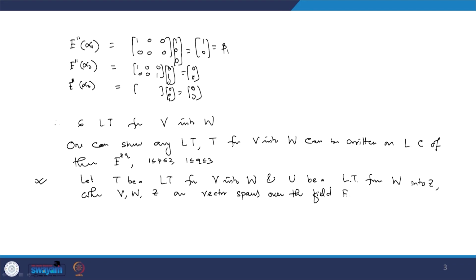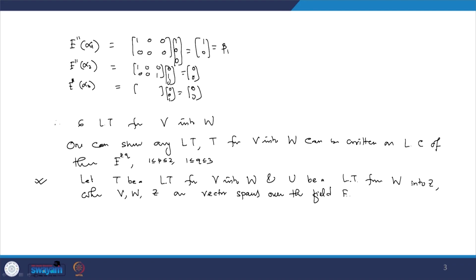Here, instead of a simple function T, I am taking T as a linear transformation from V into W and U as a linear transformation from W into Z. Then what can we say about the product function UT, which is a function from V into Z, whether UT will be a linear transformation or not.